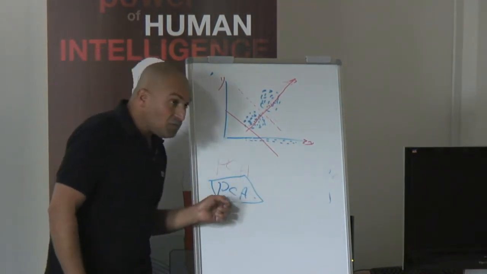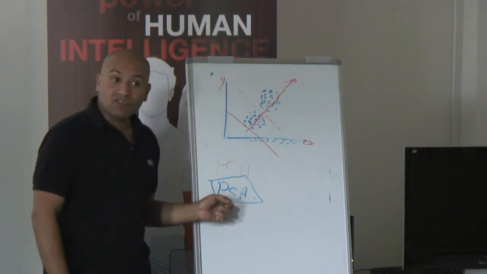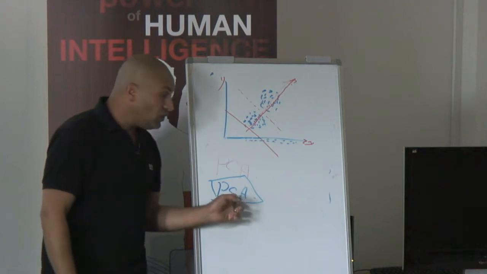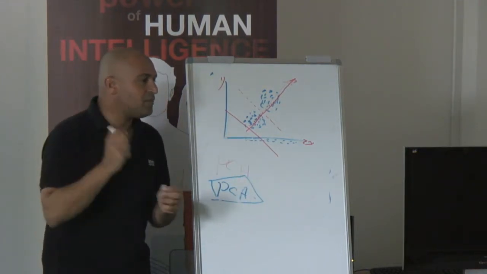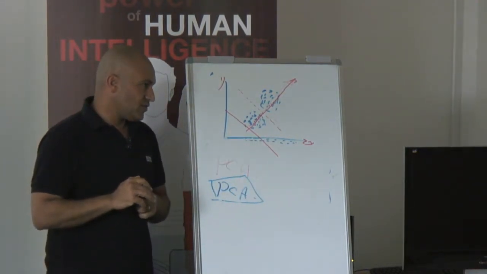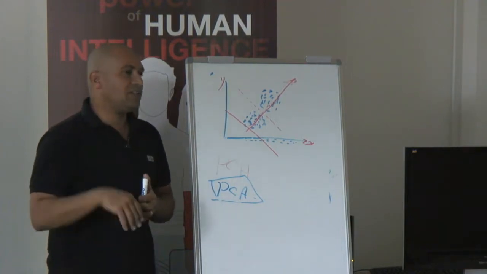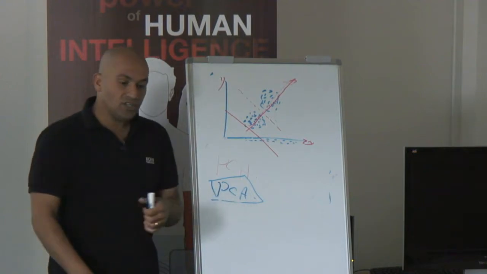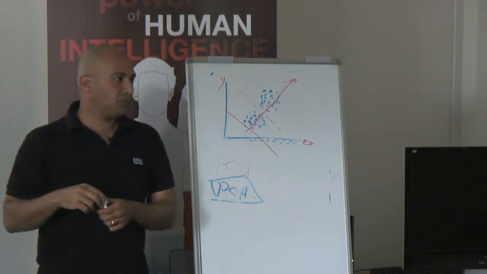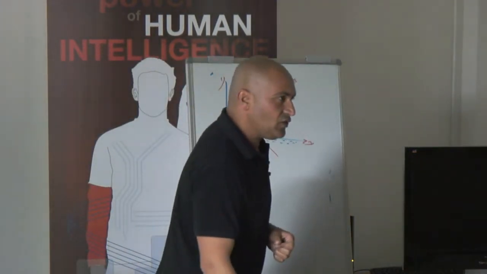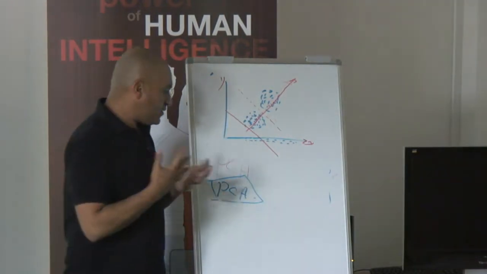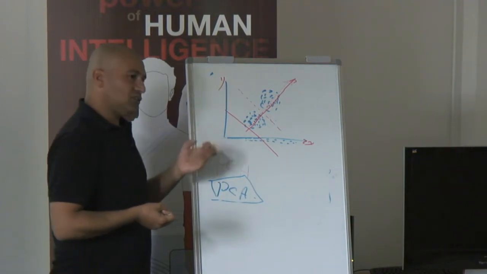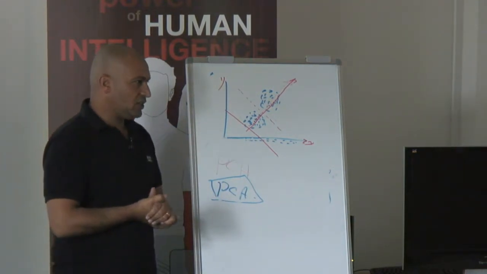There are even solvers where you give a very large matrix and they give you the main vectors, the eigenvalues and the eigenvectors. It's a very useful technique because it's simple, it's algebraically robust, and it's used quite often in classification.